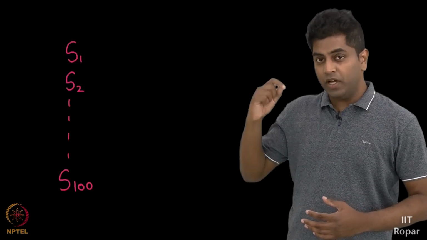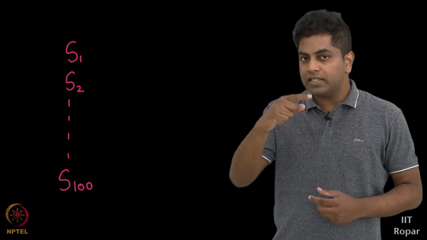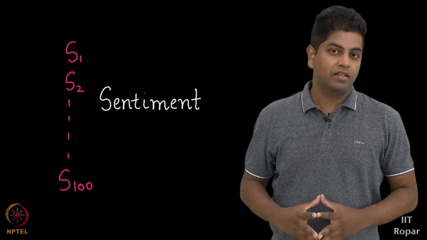I told you I take 1 month's data of a person which comprises of 100 status messages. He has updated 100 status messages. I take all of them, S1, S2, S3 up to S100. And then I look at the sentiments of these sentences.